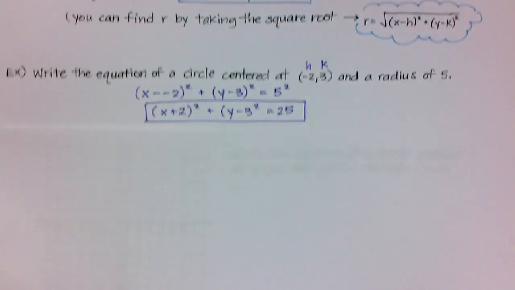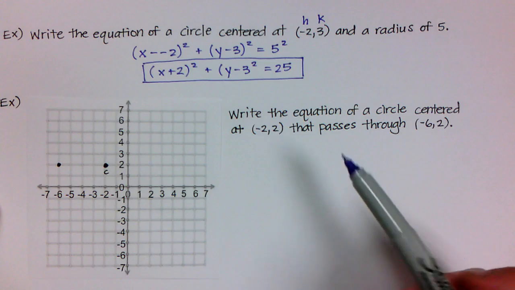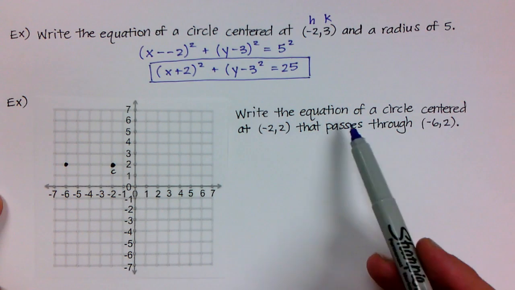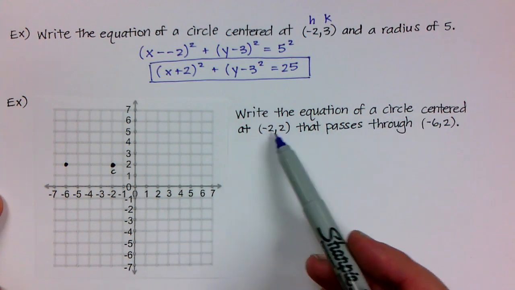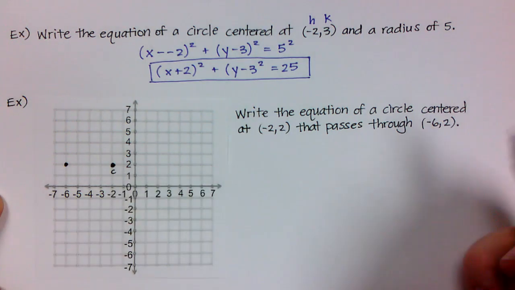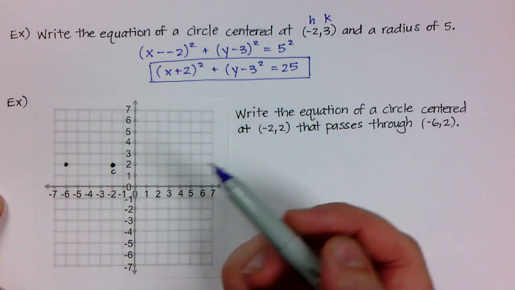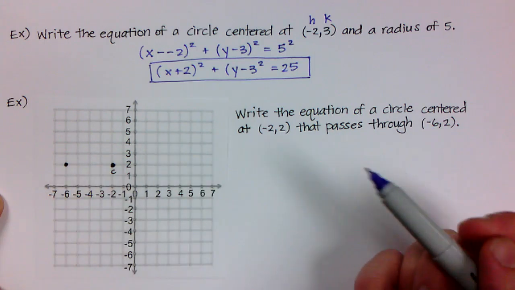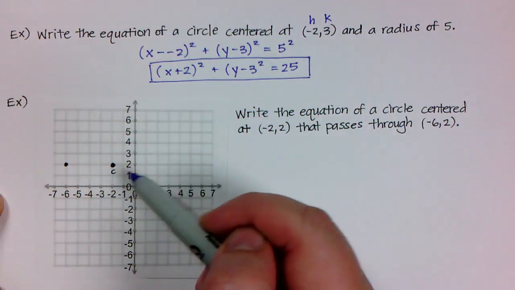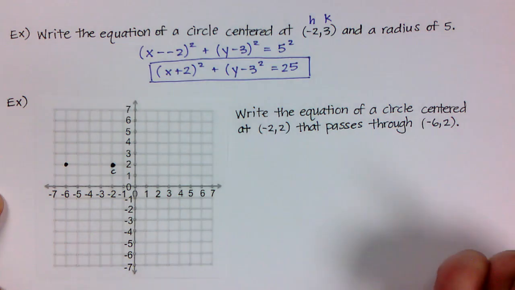Now sometimes you might also be given a diagram of a circle or just information that's not giving us the radius. So in this example, we are told that the circle is centered at -2, 2. I've already plotted that right here, and it's passing through -6, 2. One way, if you were going to graph this, is to actually count the number of units for the radius, but I'll show you another way.